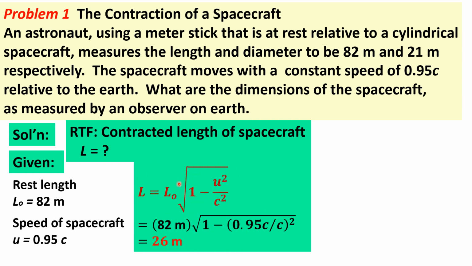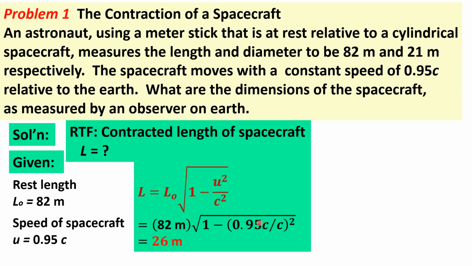So our formula to find the contracted length L, of course, is L naught times the square root of 1 minus v squared over c squared. So simply substituting the given quantities. For L naught, we have 82 meters, and inside the radical sign, we have the square root of 1 minus, speed u is 0.95 multiplied by speed of light c, divided by c squared.